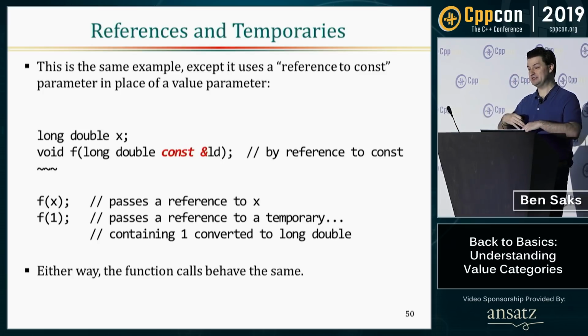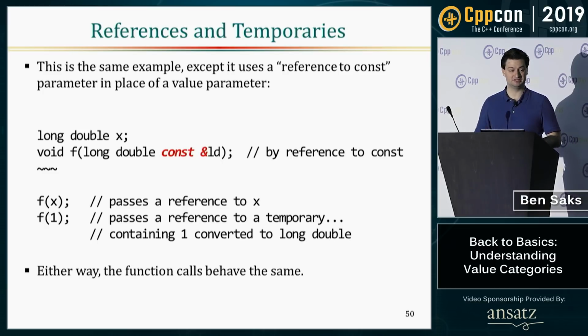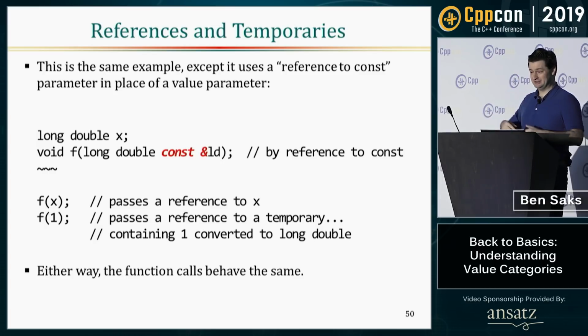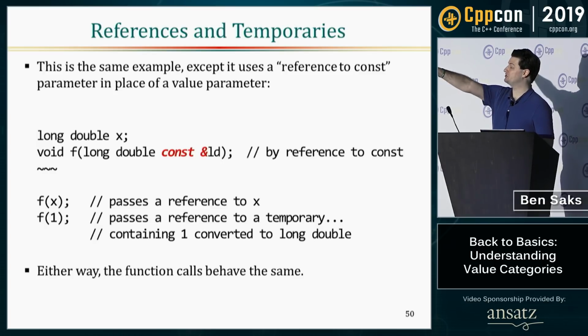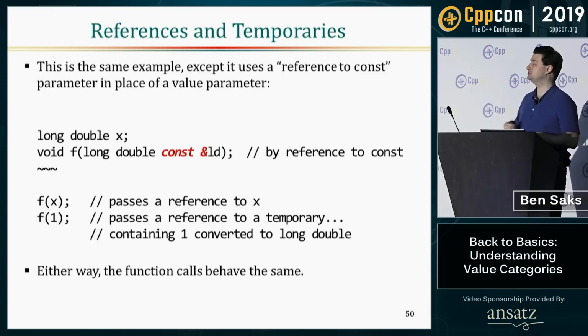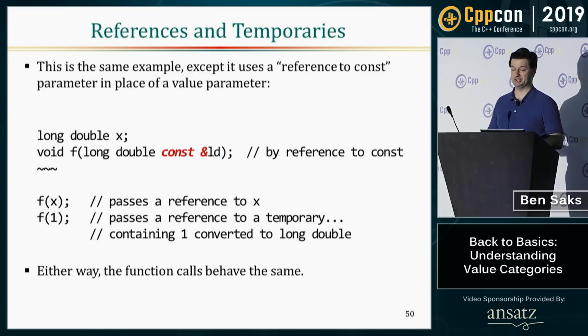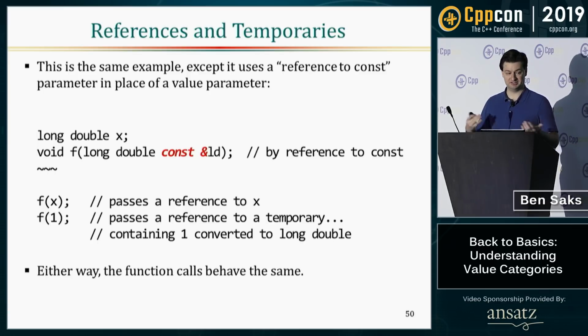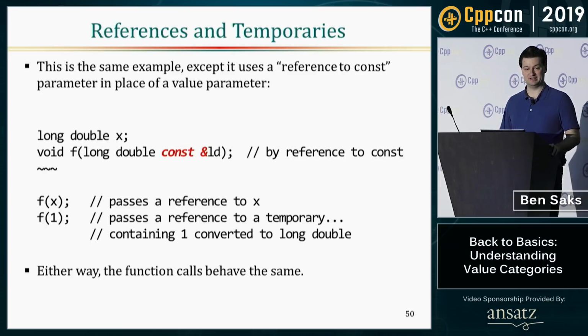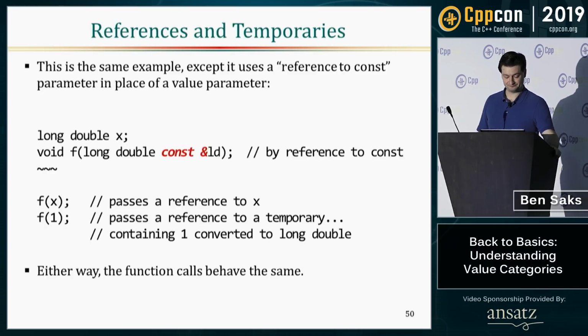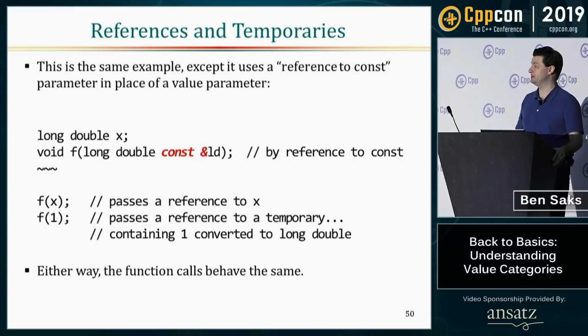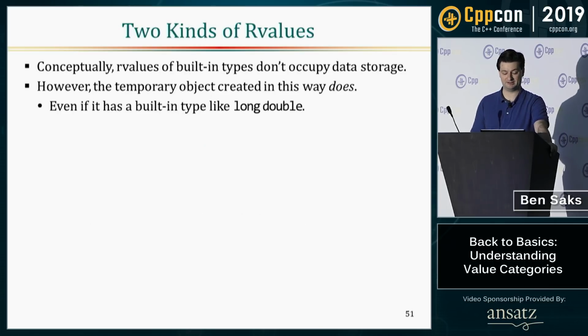And it's perfectly safe to do that, to bind the reference to that temporary, because it's non-modifiable. There's no danger that someone will call this function expecting to get back a modified version of 1, because the thing has to be treated as const inside f. So either way, the function calls essentially have equivalent behavior from the caller's perspective.